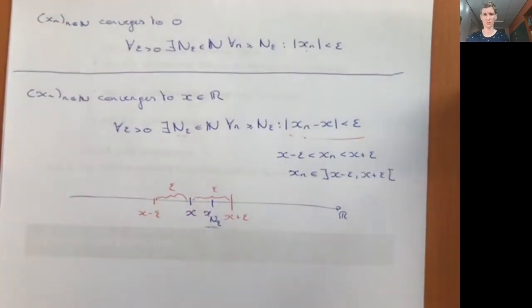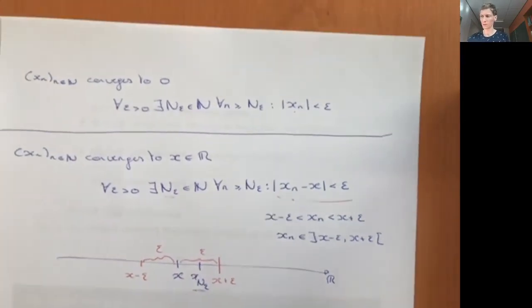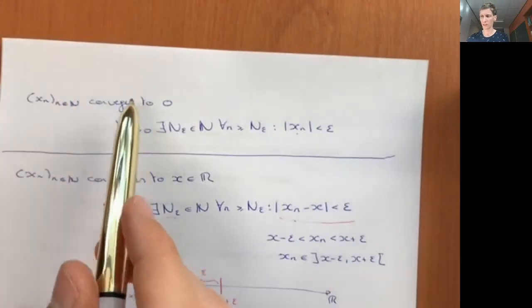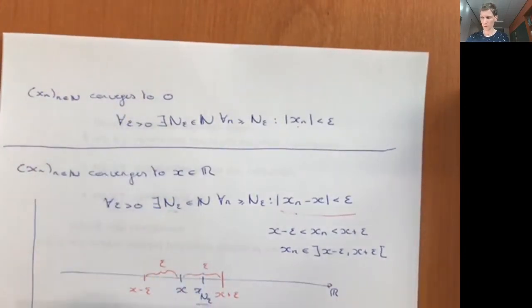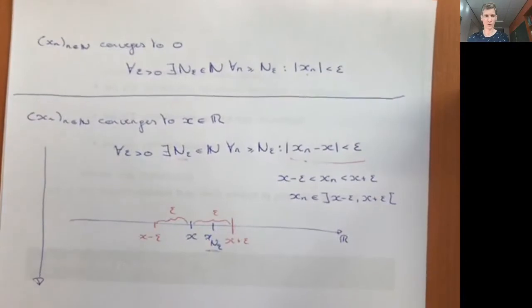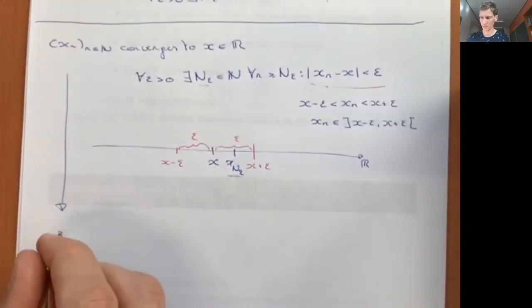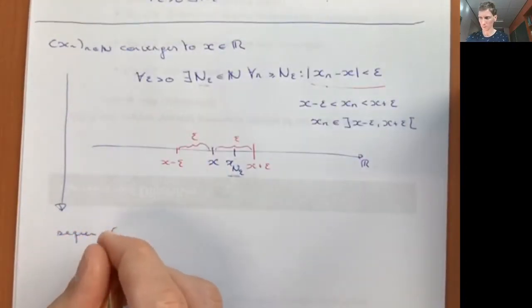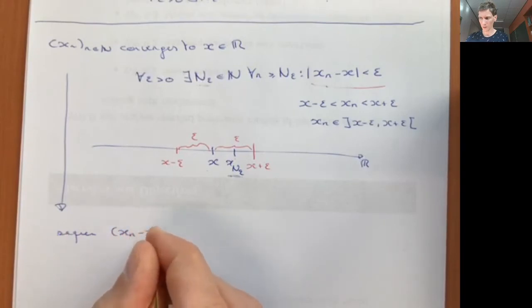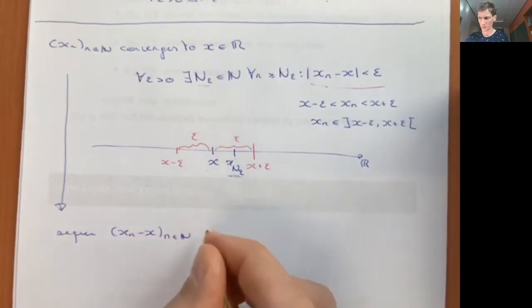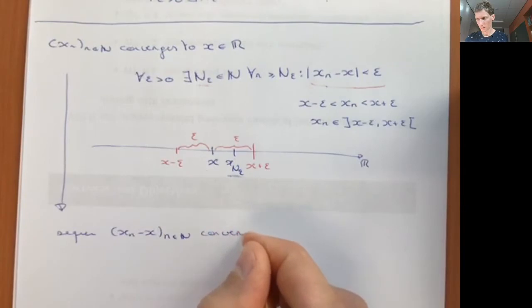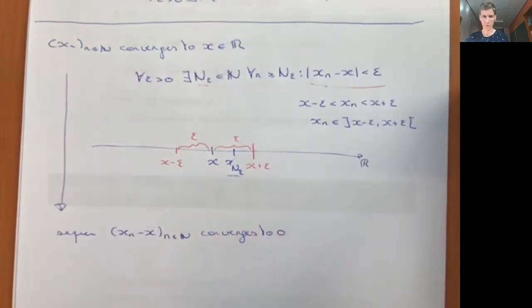Okay, so the definition is quite similar, right? In fact, this definition that xn converges to x is the same as saying that the sequence xn minus x converges to 0.